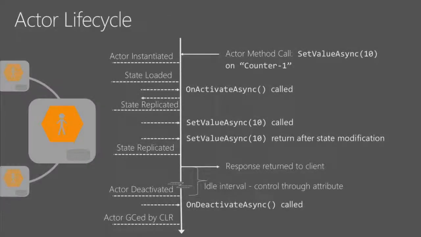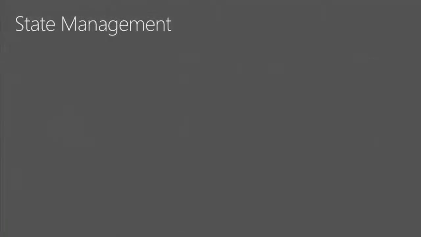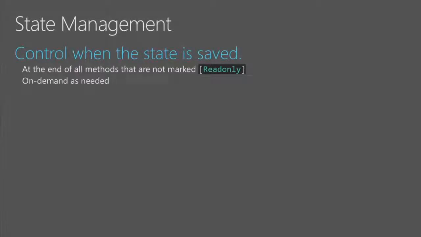So let's go ahead and look at, so you say, well, this is great. In the previous slide, we saw that the state got replicated and saved after every method call. Now, you can say, well, I want to actually control when the state is saved because there is a method which says get value, and I know I'm not doing any modification in the state in that get value.